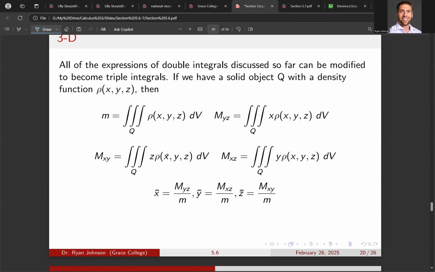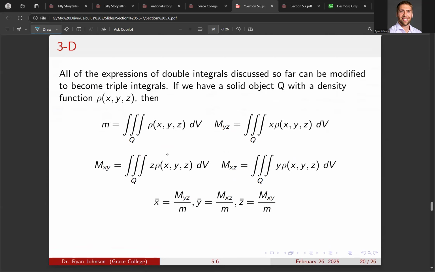Then x bar is the moment of the one missing x over m, y bar is the one missing y, and z bar is the one missing z. So this is just applications of double and triple integrals. This is all geared towards physics, but the same integrals work towards probability theory.